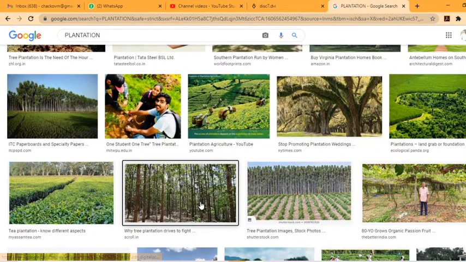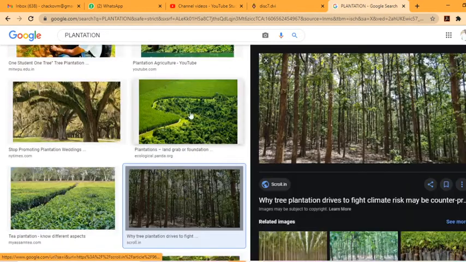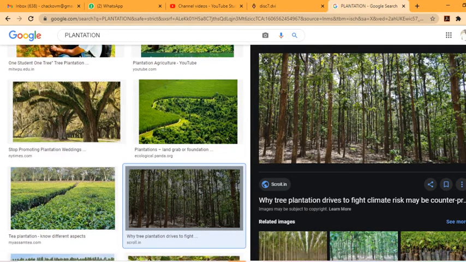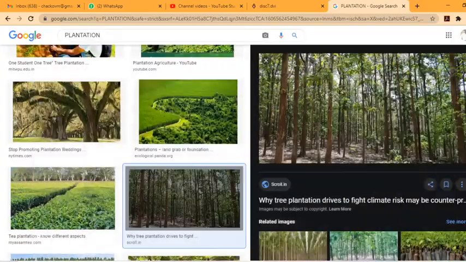Consider this plantation. Look at this plantation, where we applied the pesticide, and suppose there are 500 plants in this plantation.